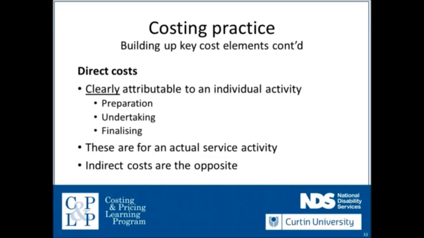They are for an actual service activity, and they can be both overheads as well as variable costs. In other words, a direct cost can be a fixed cost if it is, for instance, relating to a supervisor who might be directly supervising care services, or might relate to a regional office that's set up to be able to house clients or to interview clients or what have you.